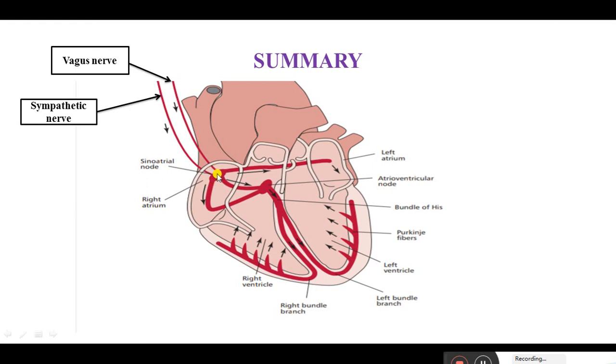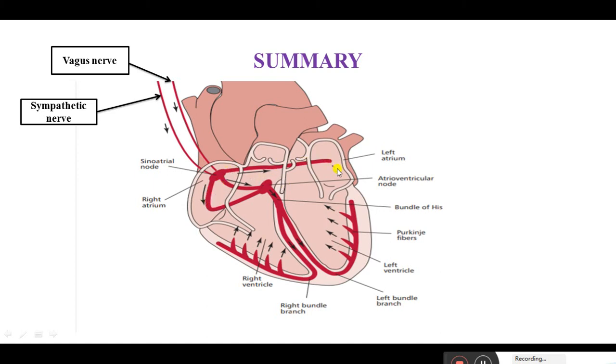The impulse travels down through the internodal tract to distribute the electrical impulse between the atria to generate atrial contraction.